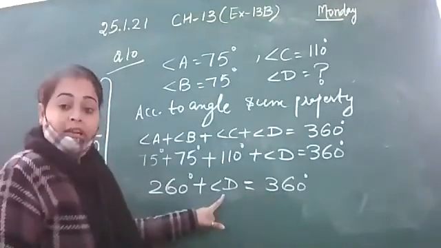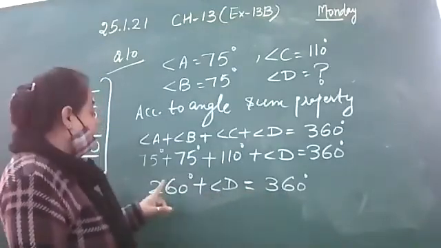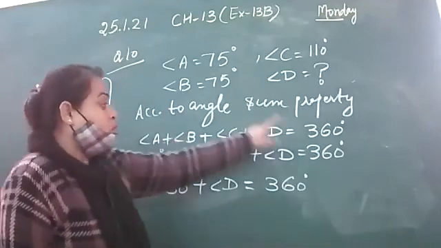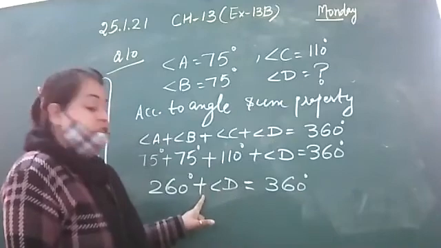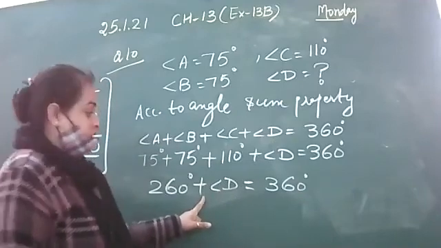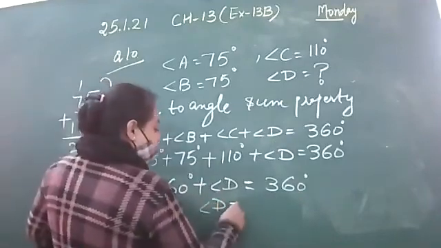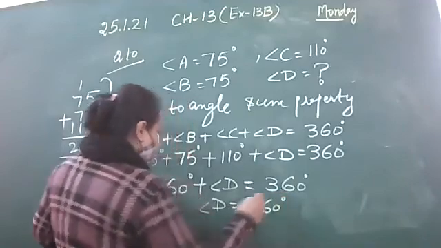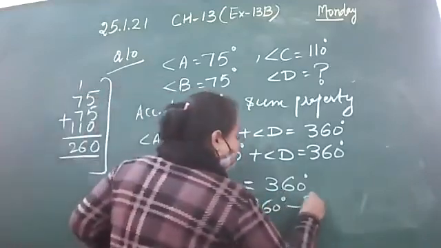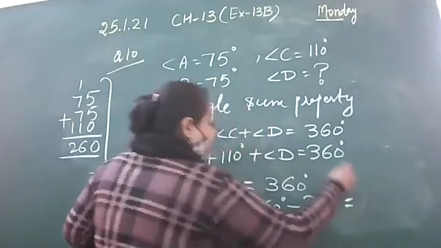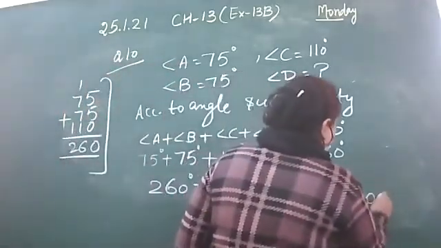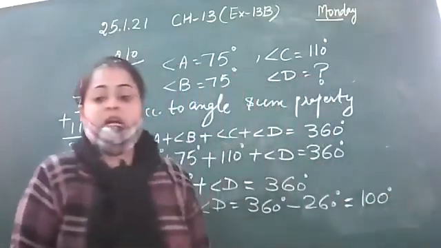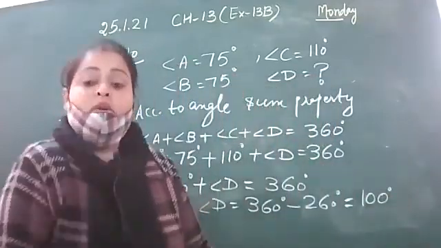Now to find the value of angle D, you will shift this 260 degree to the right hand side, and after shifting, plus will change to minus. So angle D is 360 degree minus 260 degree, and after subtraction, ma'am, answer 100 degree. Well done. Very good. Students, note down.